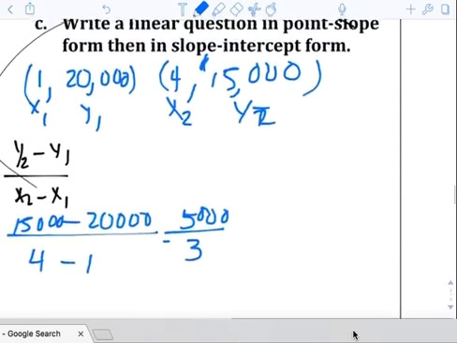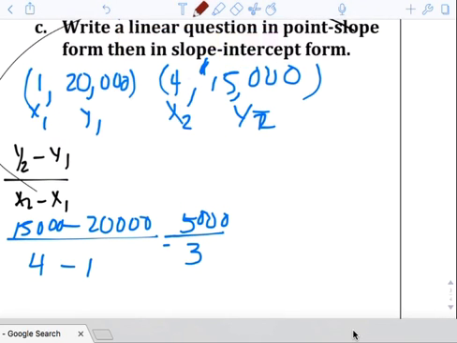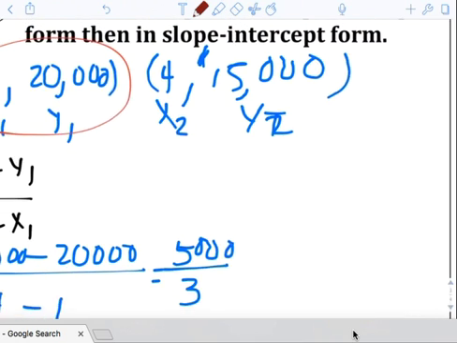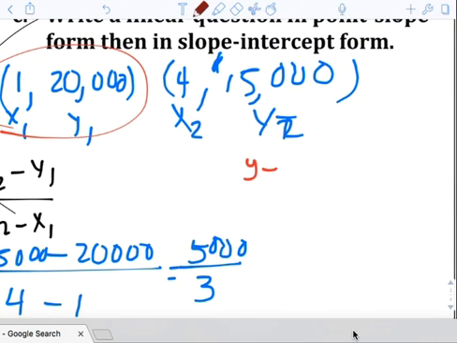And then you do, I'm going to use, let's see, which one can 3 go? I'll use this one. Y minus y1 equals m parentheses x minus x1. These are big numbers I chose.